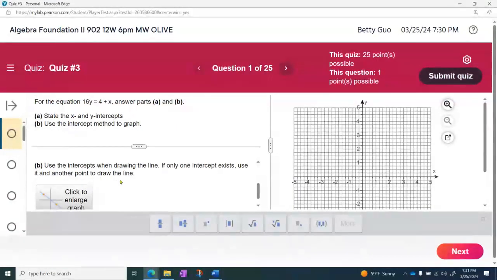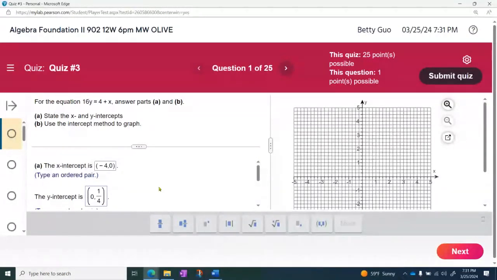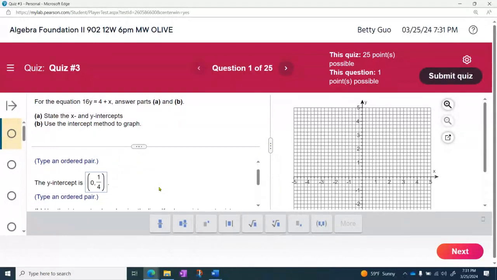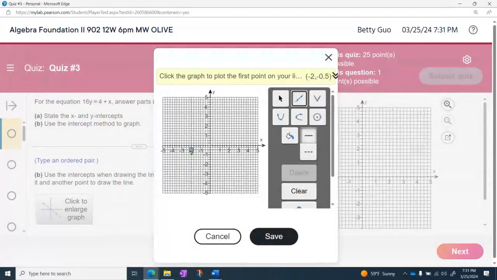Part B. Use the intercepts. Draw the line. Okay? -4, 0 and 0, a quarter. I have a problem to see those, so thin, so small. Is that -4, 0? And 0, a quarter. And that is 1. How am I supposed to find a quarter? It is too small.